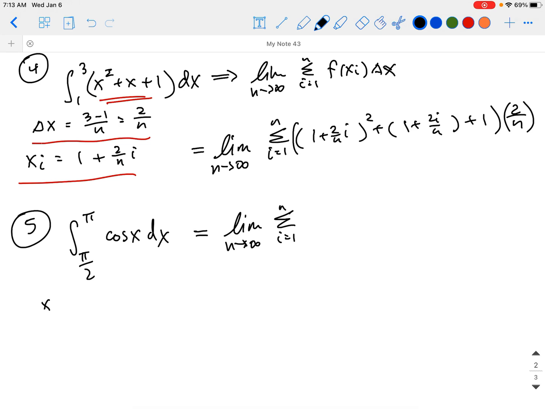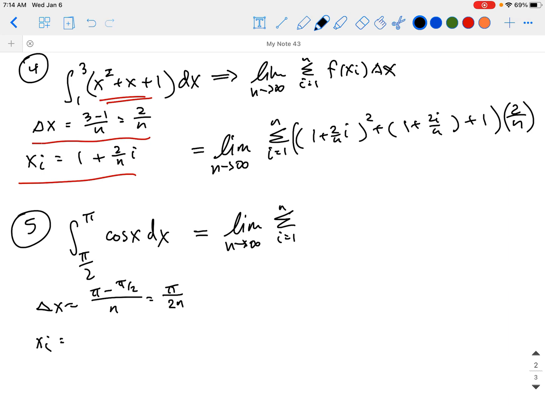All right, let's start with delta x. Delta x is going to be pi minus pi over 2, over n. So we're going to get pi over 2n. A slightly different looking delta x expression. You could think of it as pi over 2 times 1 over n, but pi over 2n is fine.